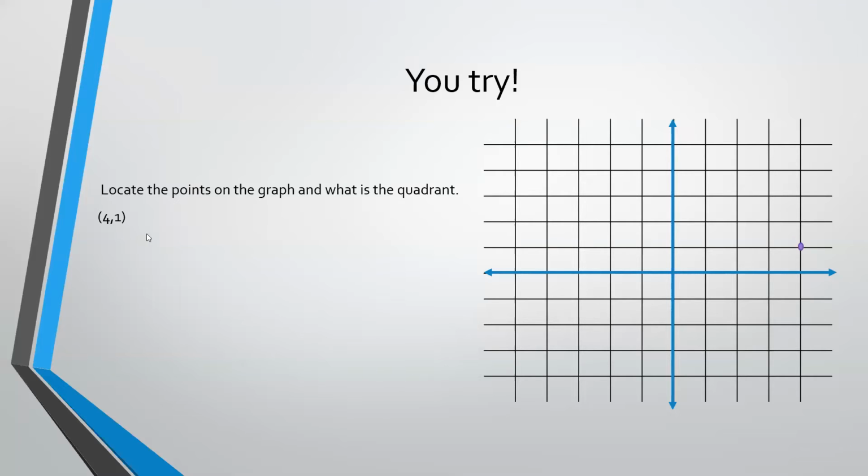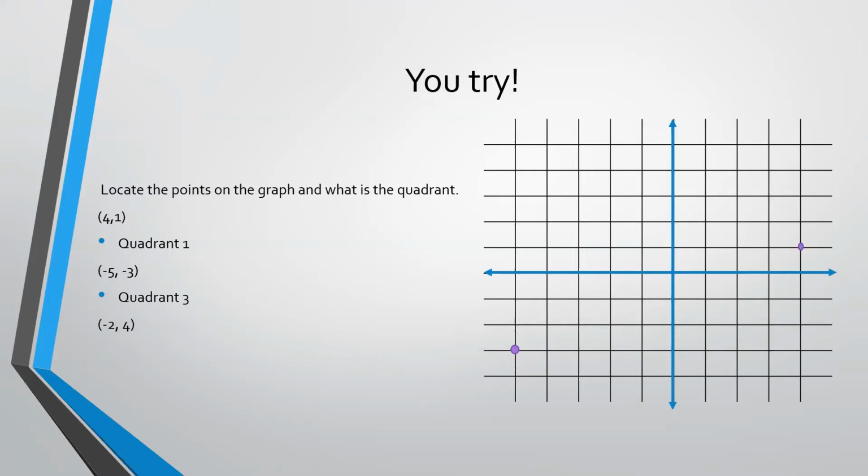Okay, we have our first answer. They said quadrant 1. And it is correct. So our second point, -5 and -3. If you got that as your answer, then you are correct. So what quadrant is this located in? Quadrant 3 is correct.